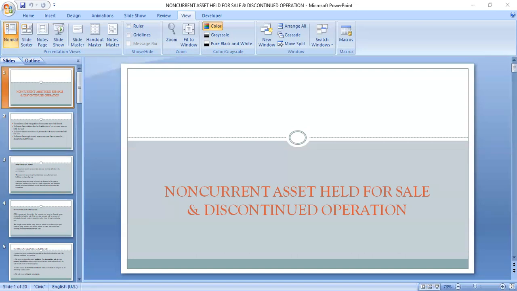Abandoned non-current asset: an entity shall not classify as held for sale a non-current asset or disposal group that is to be abandoned, because the carrying amount will be recovered principally through continuing use, or the non-current asset is to be used until the end of the economic life.